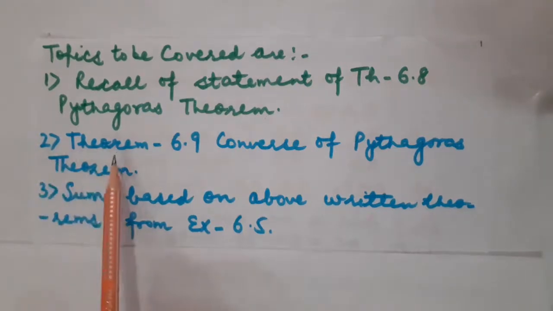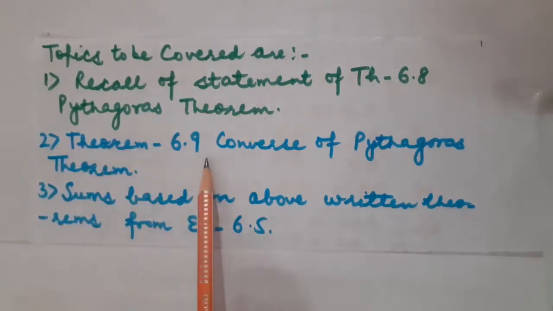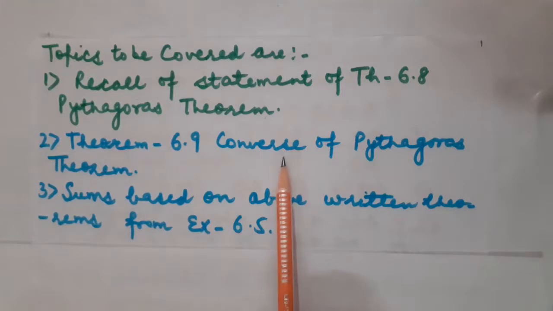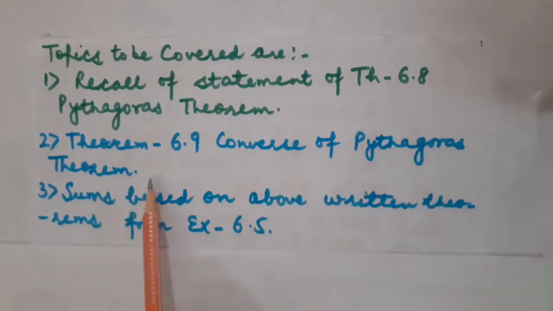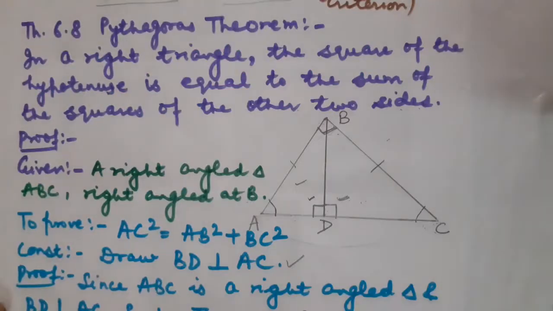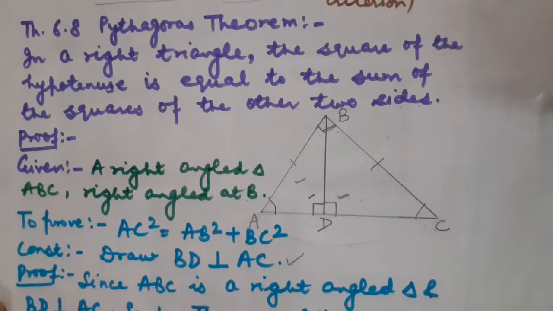After that, I will be making you learn theorem 6.9, which is actually the converse of Pythagoras theorem. And ultimately, we will be doing some sums based on both the above theorems from exercise 6.5. Understood?